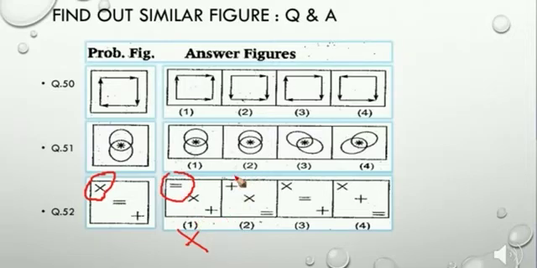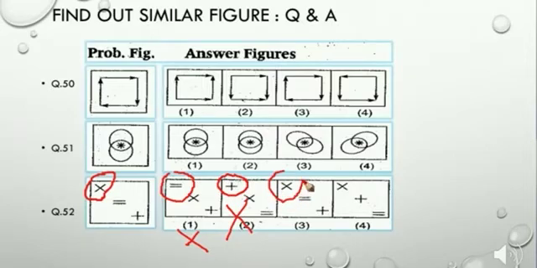In the next option let's check for this portion. Not the same because in answer 2 it is a plus sign, whereas in the problem figure it was a multiplication sign, so this is also not correct. Let's go to option 3.